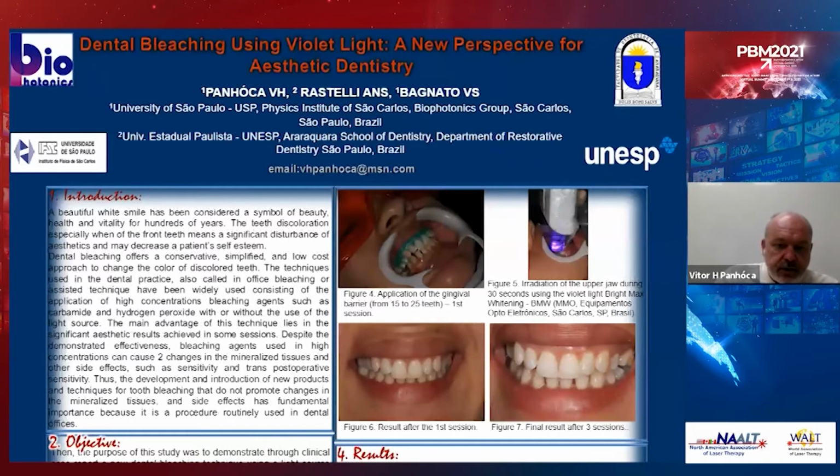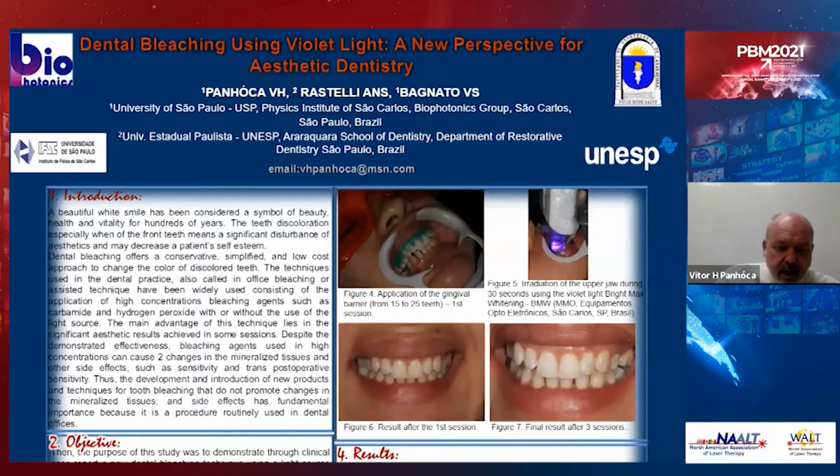The teeth discoloration, especially of the front teeth, means a significant disturbance of aesthetics and may decrease a patient's self-esteem. Dental bleaching offers a conservative, simplified, and low-cost approach to change the color of discolored teeth.